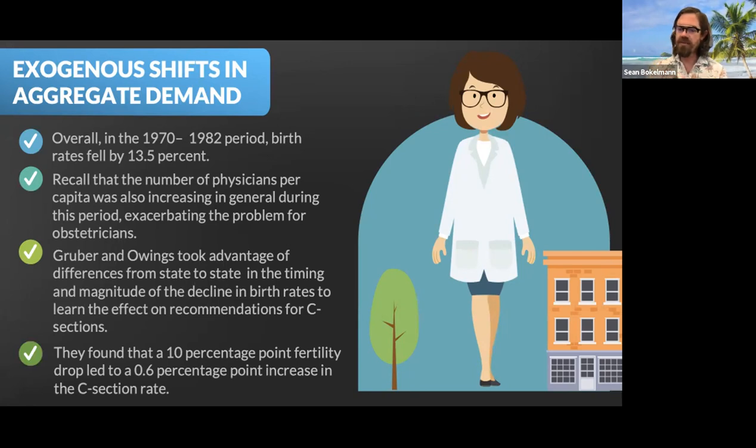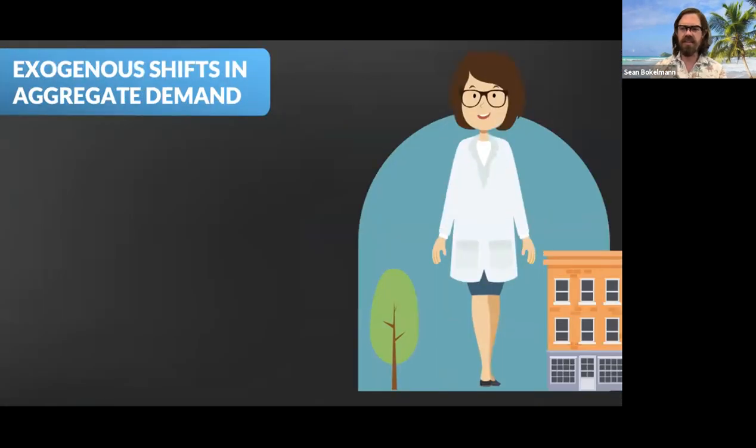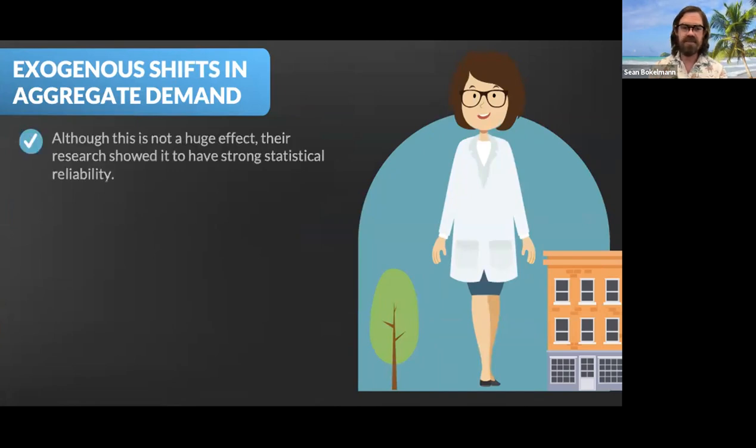Fewer women are giving birth to children, but somehow the rate of cesarean section goes up. So that seems like it might be indicating some sort of induced demand, primarily, I think, because cesarean section is a little bit more involved and ultimately can generate more revenue for the doctor because of the surgical nature of it.